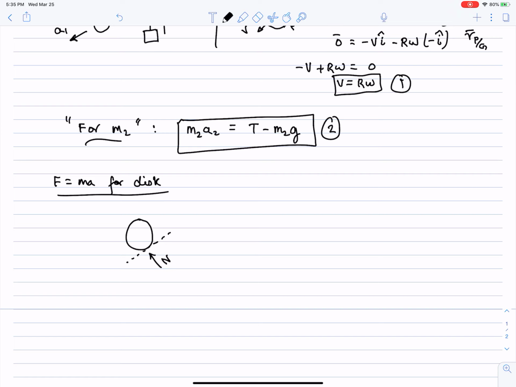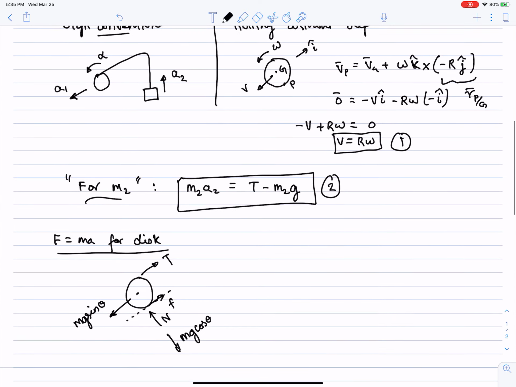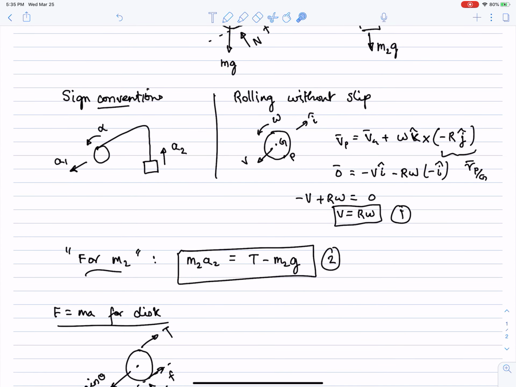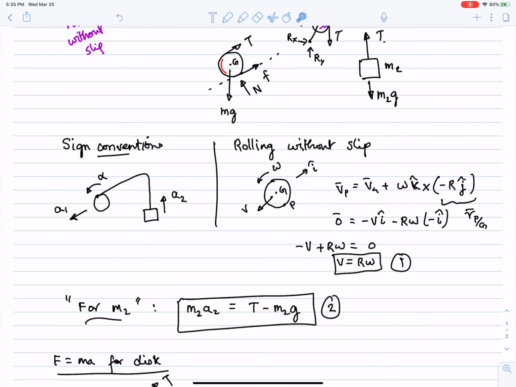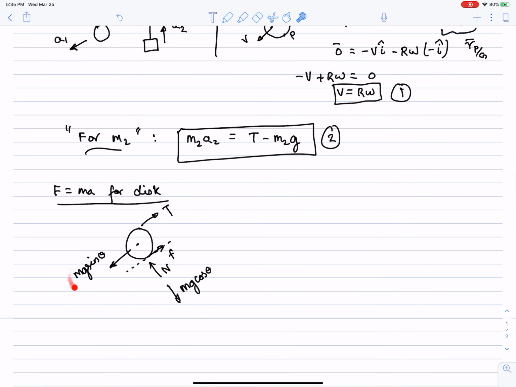We have N, we have F, we have mg sine theta, we have mg cosine theta, we have the tension T, and that's it, right? So we replaced this mg with mg cosine theta, mg sine theta.